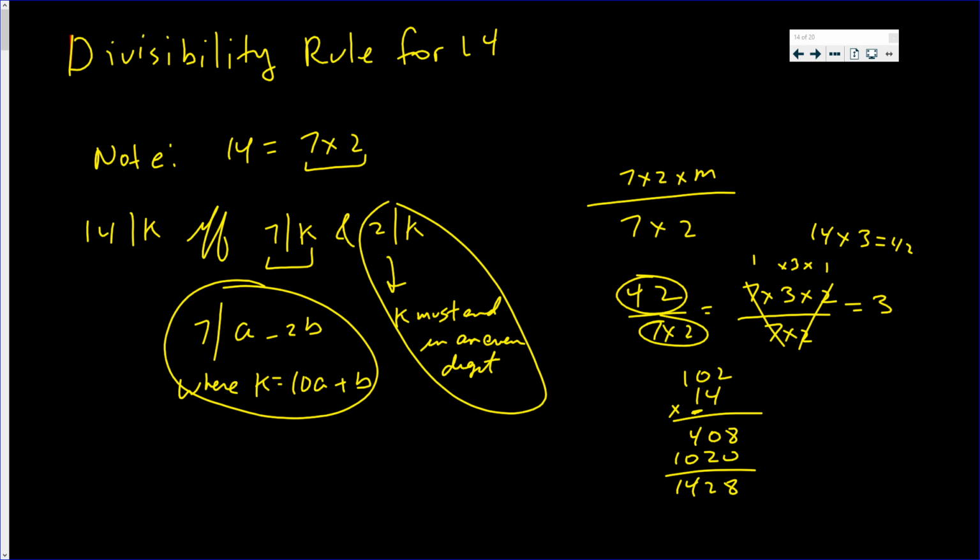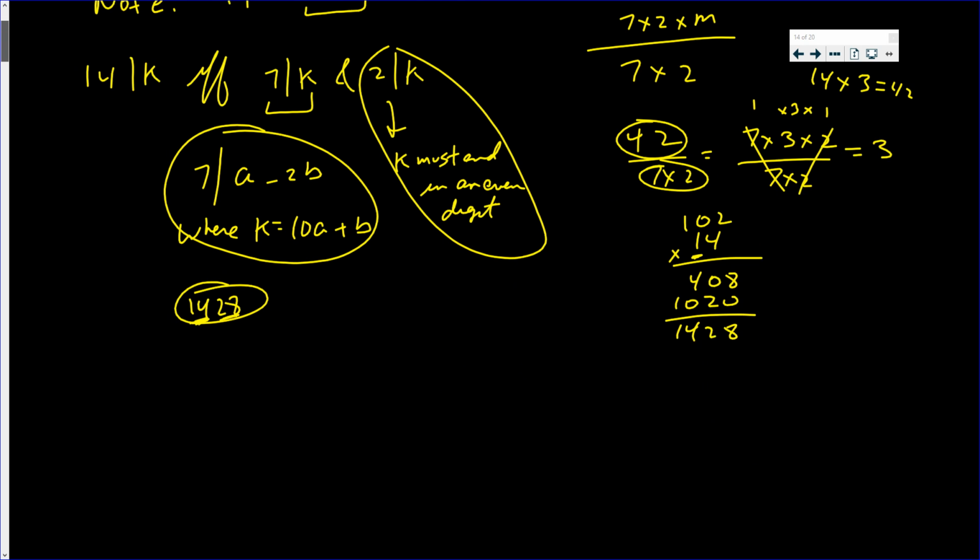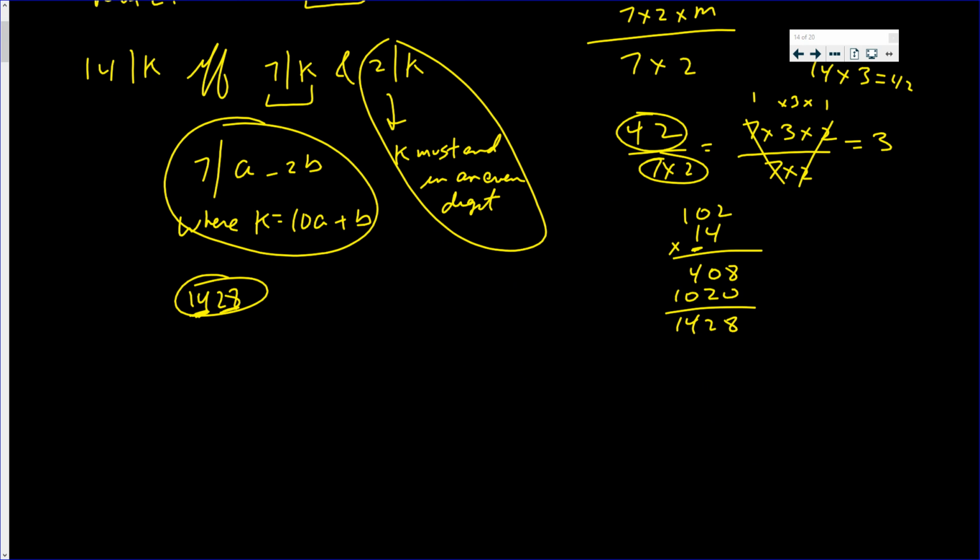This number should be a multiple of 14. And obviously it is, because 7 goes into 14 and 14 goes into 14 and 14 goes into 28. But let's suppose we didn't know that. Okay, so it's even because 8 is even. It ends in an even digit.